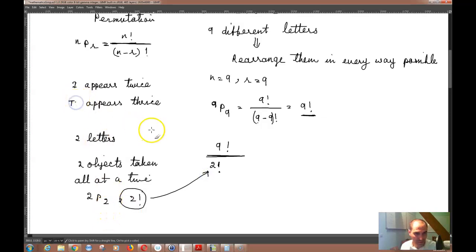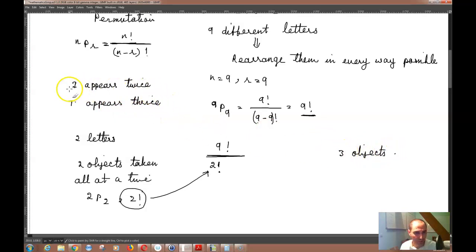Again, I have this T that appears thrice. That means that I have 3 objects, and I need to take out the permutations related to this T as well.